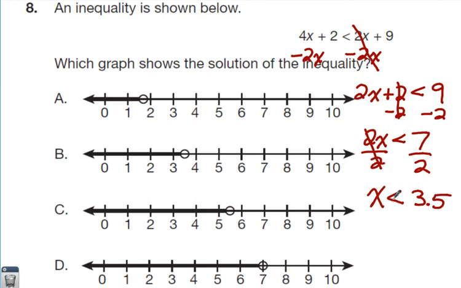Well, they're all open circles, so it's not really a tough decision. The only one that's even at 3.5 is B. So this is 3.5, and this is everything less than 3.5.